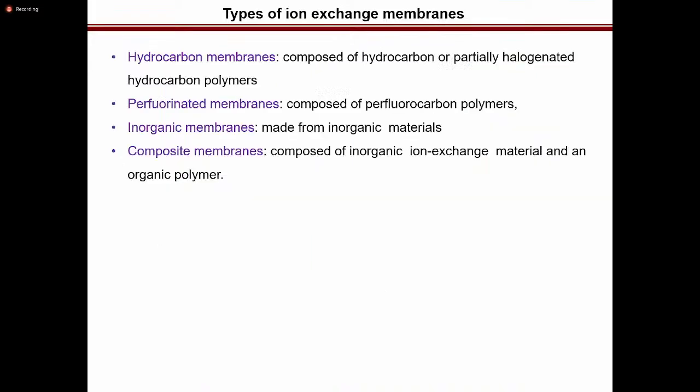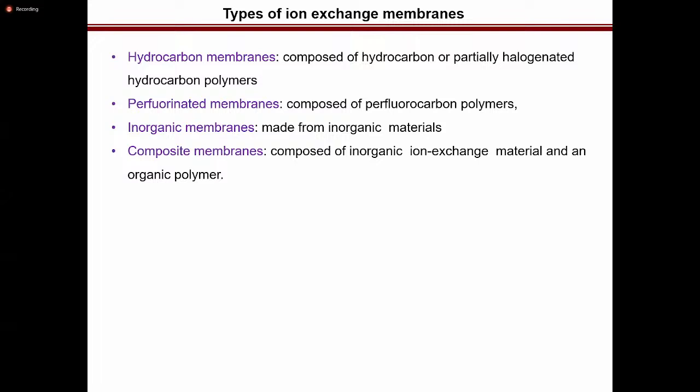So as I said before, the backbone can be a hydrocarbon. It can also be a perfluorinated material. It can also be an inorganic material. It can also be a composite of organic and inorganic. So by changing the backbone composition, you can control the properties of the ion exchange membranes. In some membranes, if you use perfluorinated backbones, you have better properties and better performance.